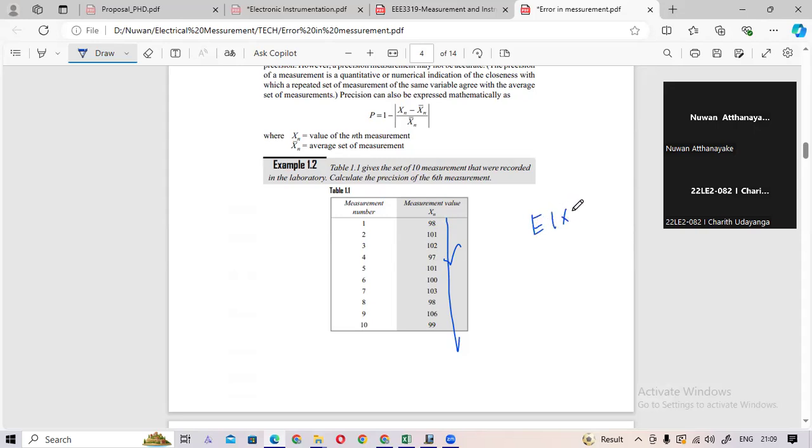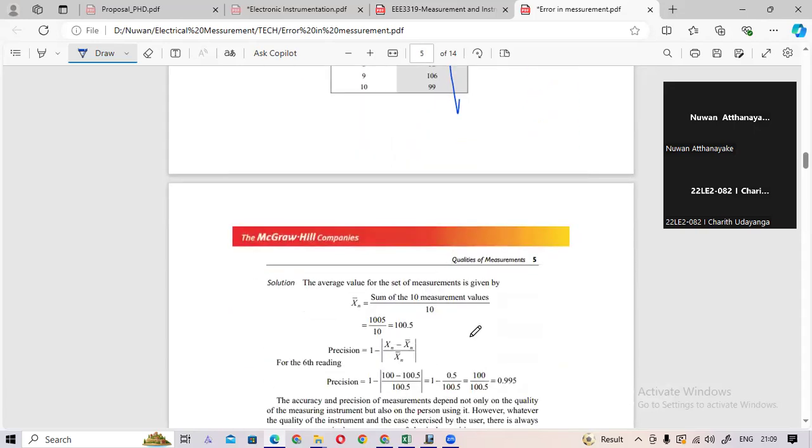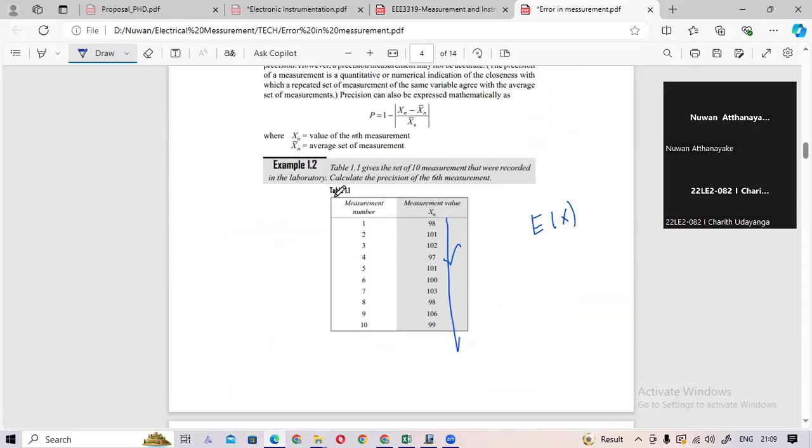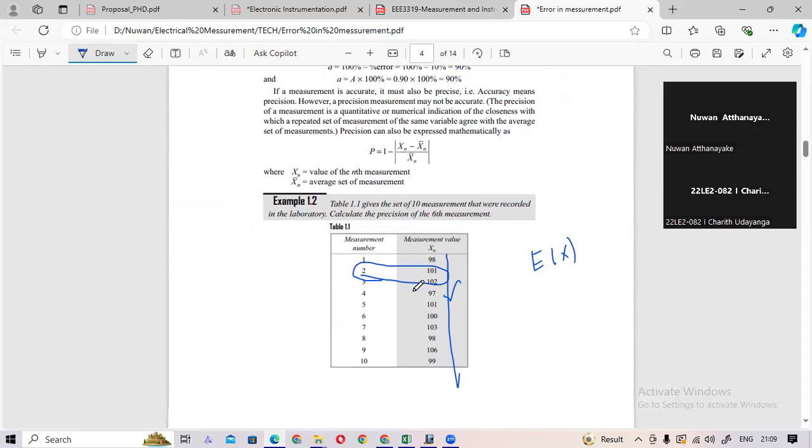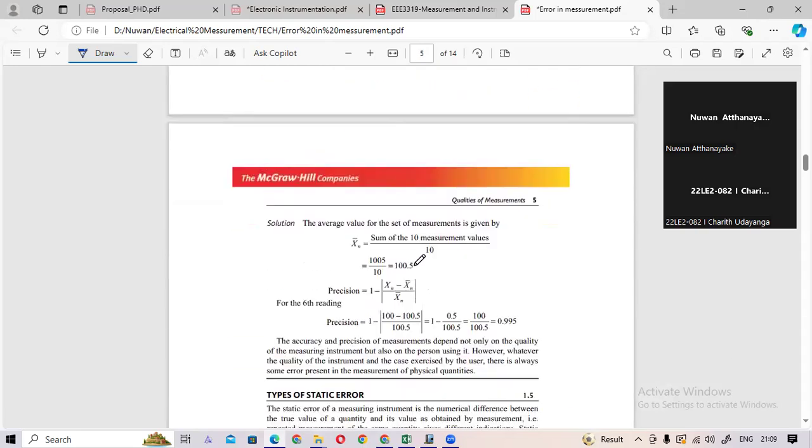So that is the mean. The same way you can calculate the absolute error. Relative to this measurement, you can calculate the absolute error. So the expected value will be the sum of the 10 measurements divided by 10.